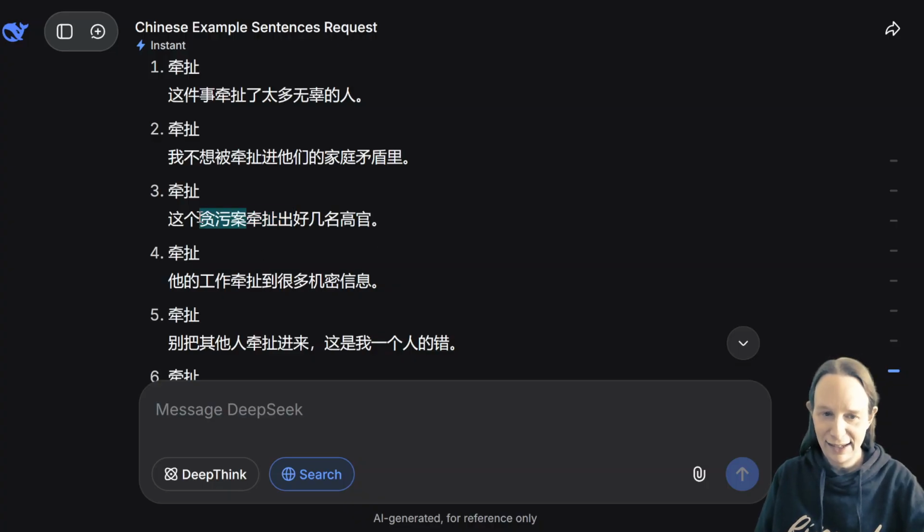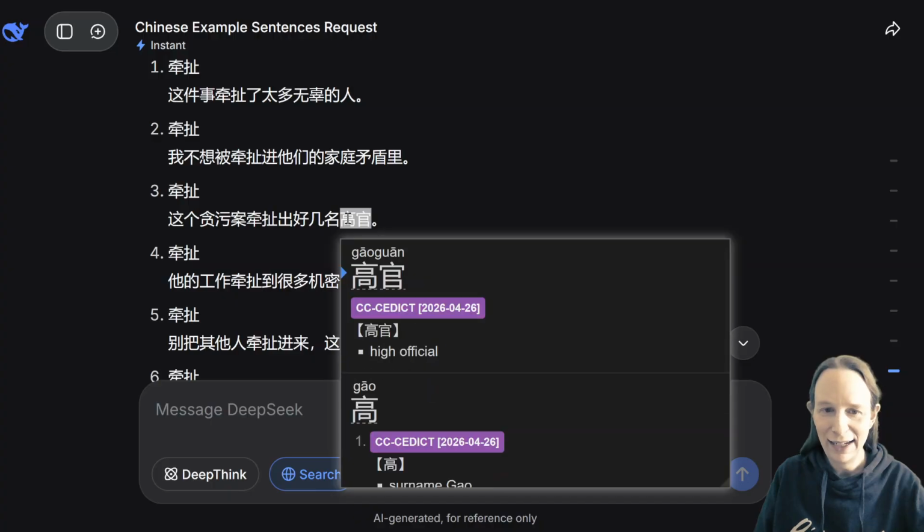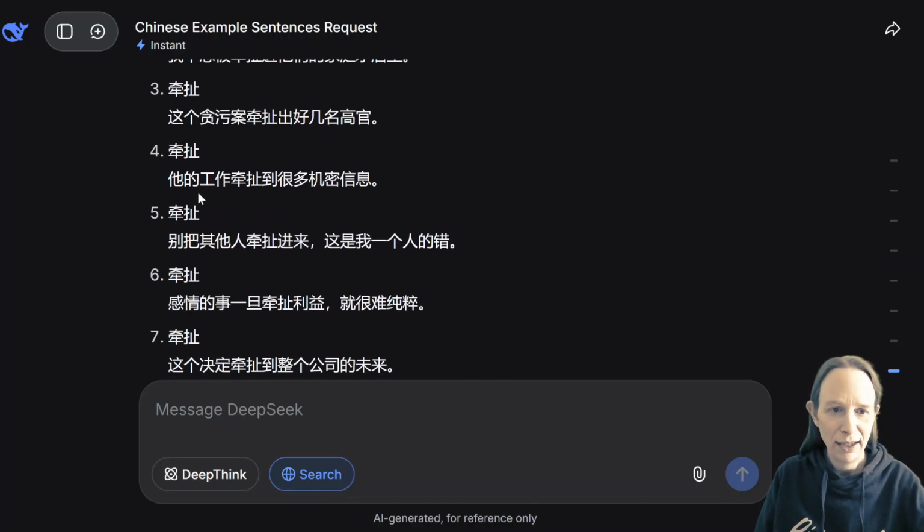Yeah, so this is a case of embezzlement or fraud or corruption. Yeah, implicated many high-level officials.